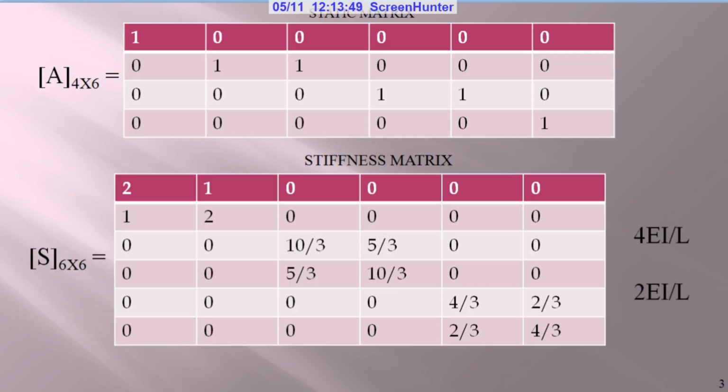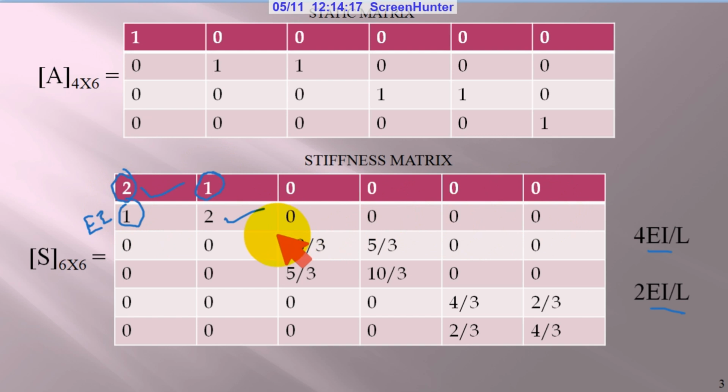So I have mentioned here 2. Take EI common out of the matrix. So this is 2. Whatever the value you are getting, 4EI by L you are getting here for the first span, 2, write down here 2. 2EI by L means 50% of this value, right, here 1 and 1. Now rest all the elements 0.